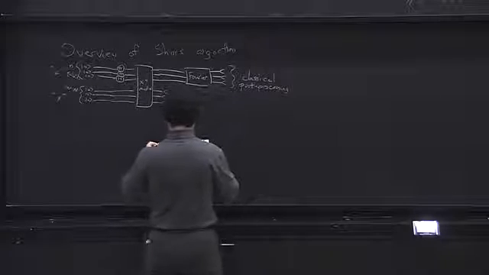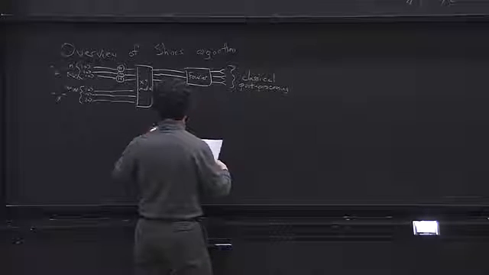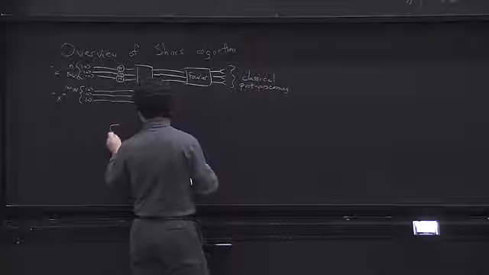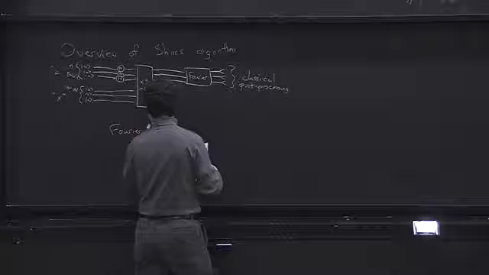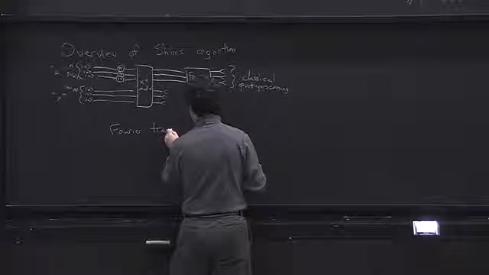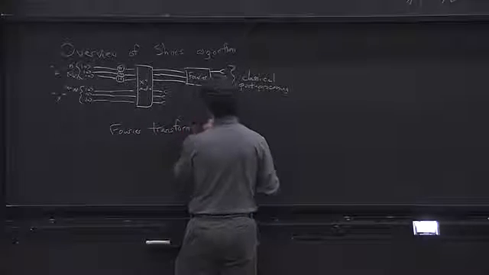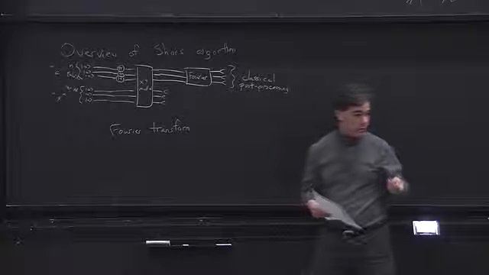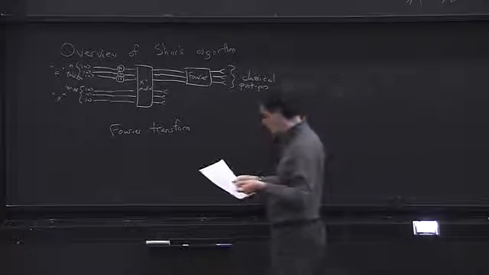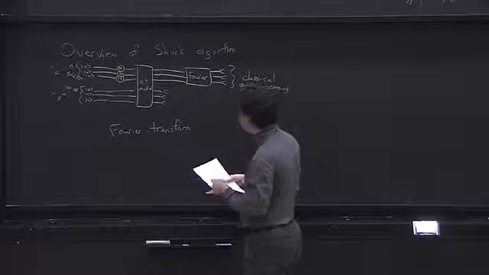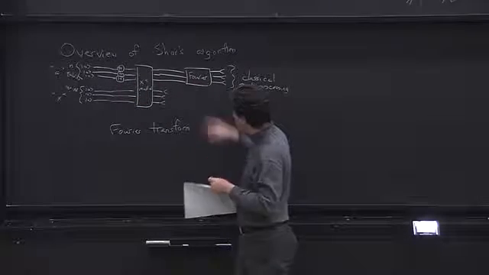But let's go through. The Fourier transform is the discrete Fourier transform. Sorry, not mod n. This is n qubits, so it's mod 2 to the n.